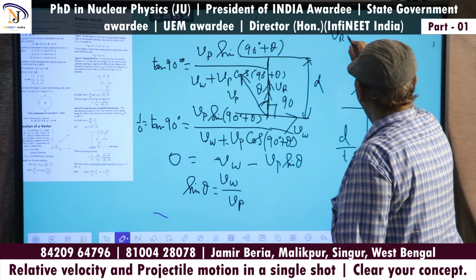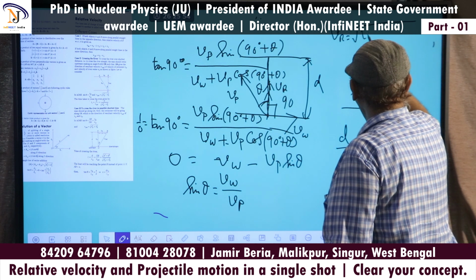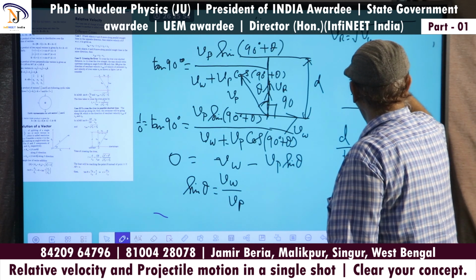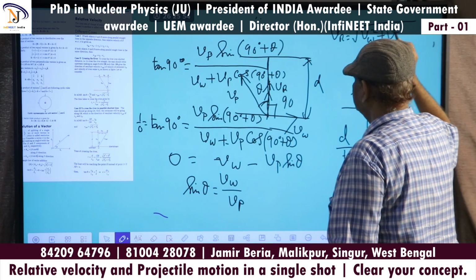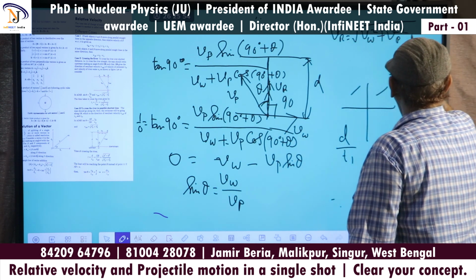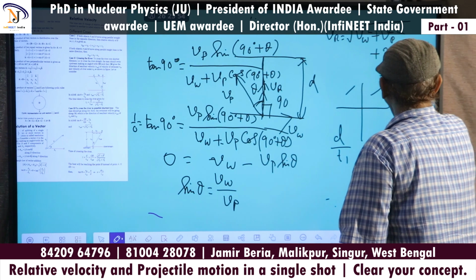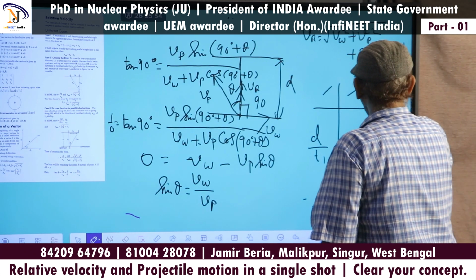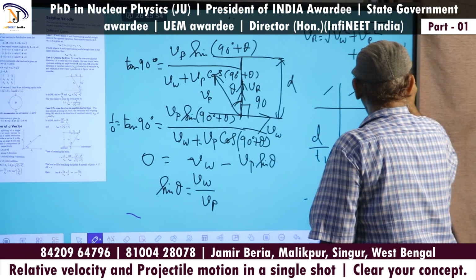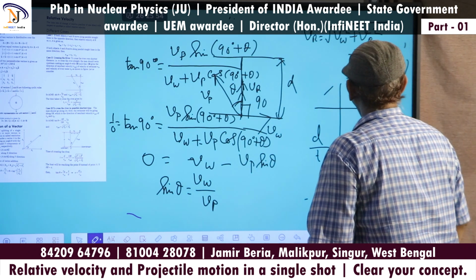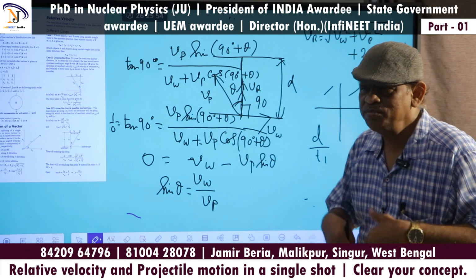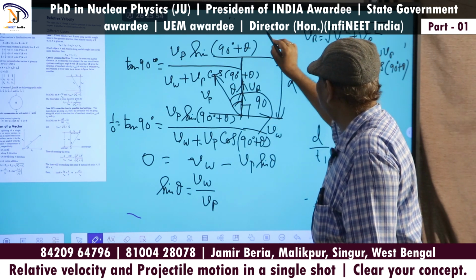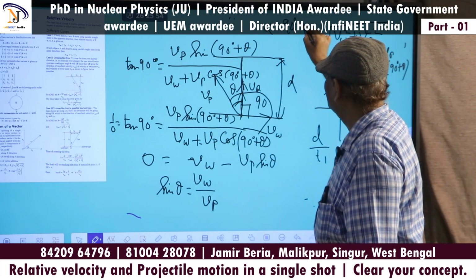Vr equals the square root of Vw square plus Vp square plus twice Vw Vp cos of 90 degrees plus theta, isn't it? This is the resultant, P square plus Q square plus 2PQ cos alpha, and here alpha equals 90 degrees plus theta.